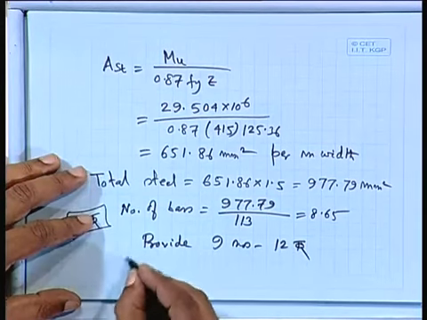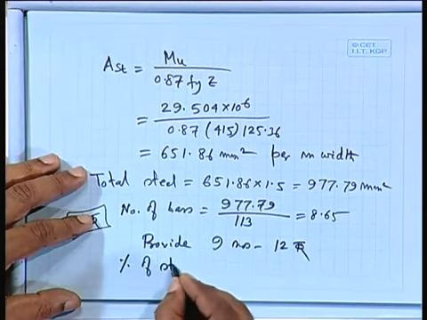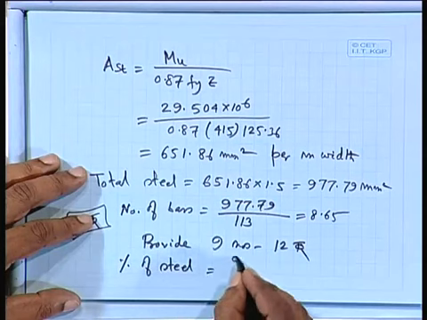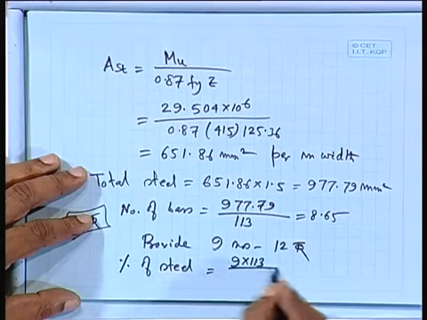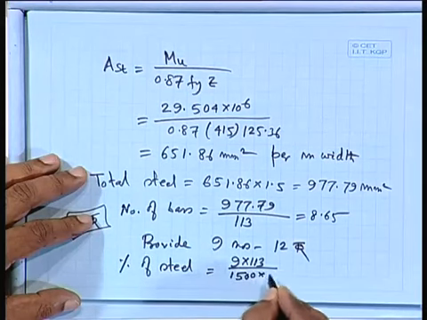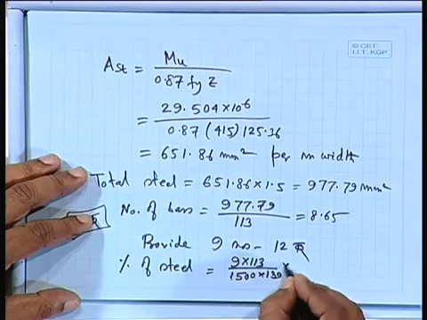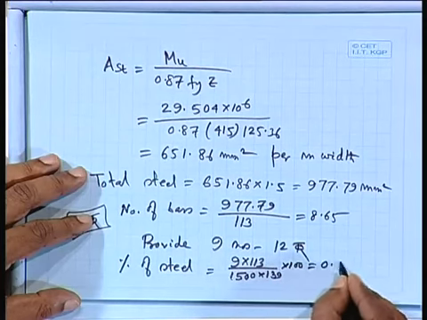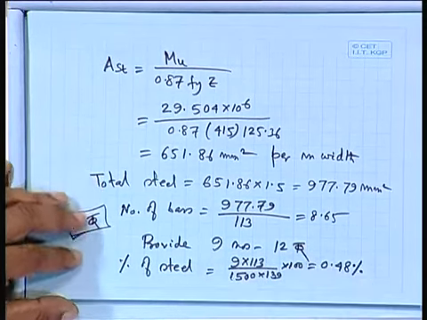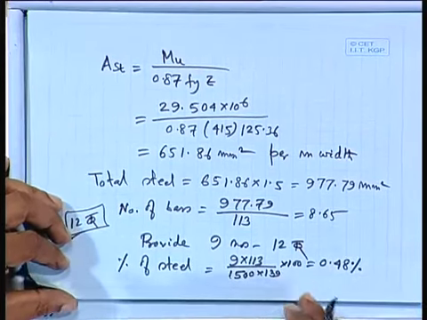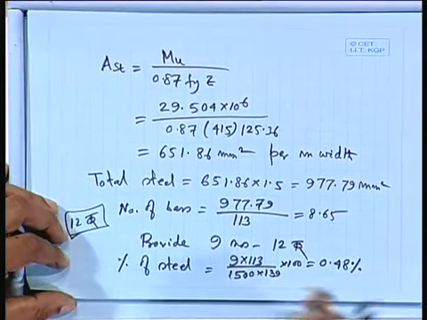What about the percentage of steel? 9 into 113 divided by 1500 into 139, this is the width I am talking about, into 100 equals 0.48 percentage. So the percent of steel you have got is 0.48. Okay.